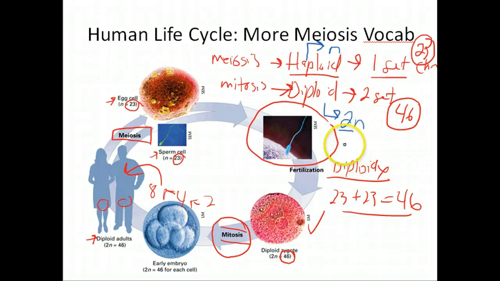So it's twice as many chromosomes. So for example, in a human being, the N, the haploid number, is 23 because there's 23 chromosomes in that one set. Same thing for sperm, they're both haploid. And again down here you'll see the 2N for humans is 46. Those are the 2 sets coming together, so 46 total chromosomes.